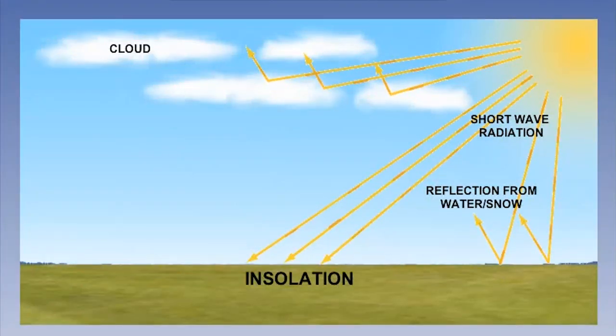Only when solar radiation encounters clouds or reaches the Earth's surface does it have an impact. Clouds will reflect part of the incoming energy backwards, possibly out to space again. The rest will continue to the Earth's surface. In clear weather, around 85% of the Sun's original energy will reach the Earth's surface.